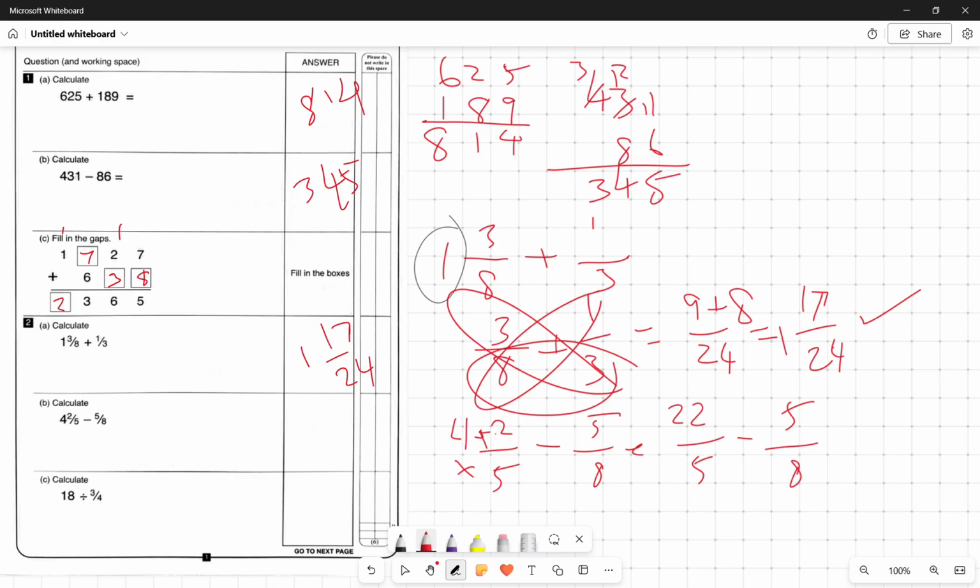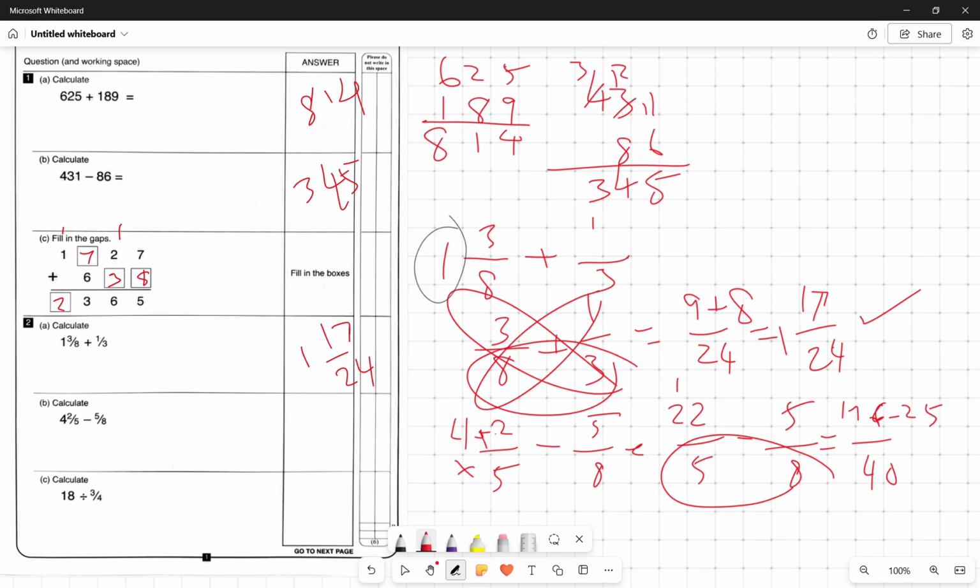Both denominators 5 and 8 are not common multiples, so use the butterfly method. 5 times 8 is 40. Now 8 times 22: 8 times 2 is 16, so 6 is there, and 8 times 2 is 16, plus 1 is 17, so 176. And 5 times 5 is 25.